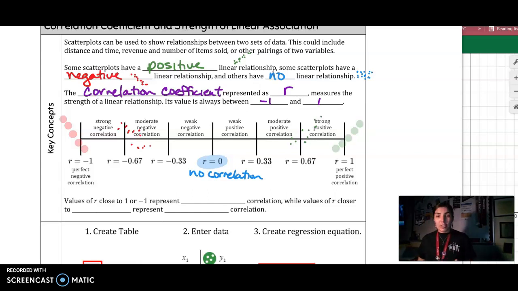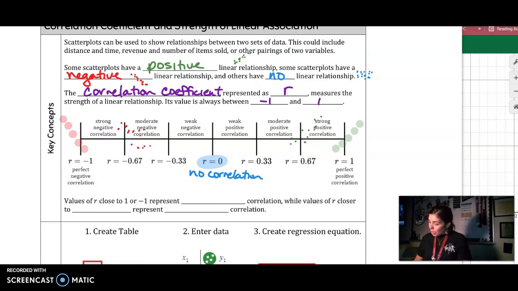Our linear equations that we've been dealing with, y equals mx plus b, where m is a solid number, are perfect positive correlations. But they're not always going to be that perfect, because when we deal with real life data, it might not be a perfect 3. It might be a little bit off from 3.